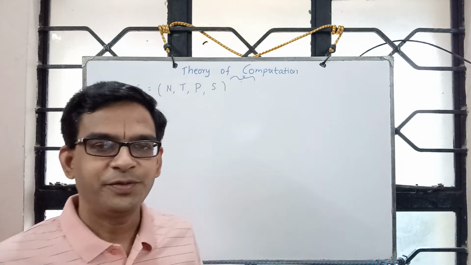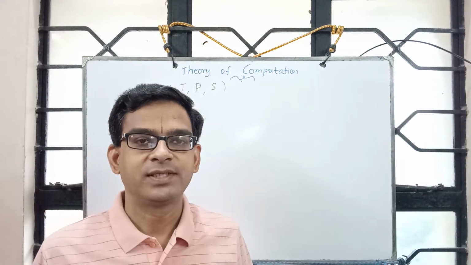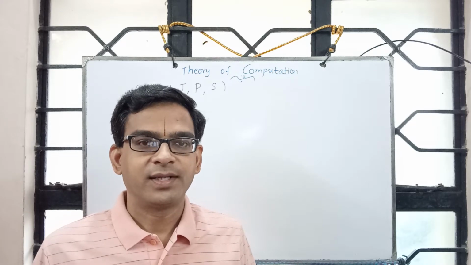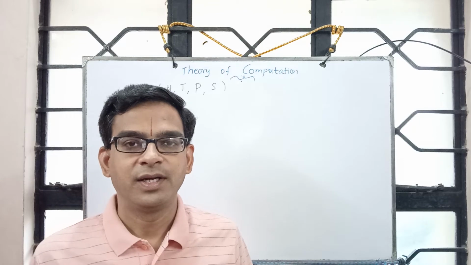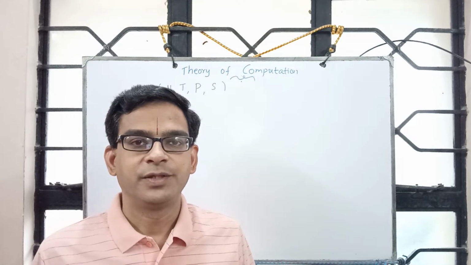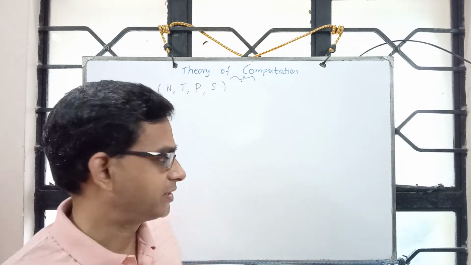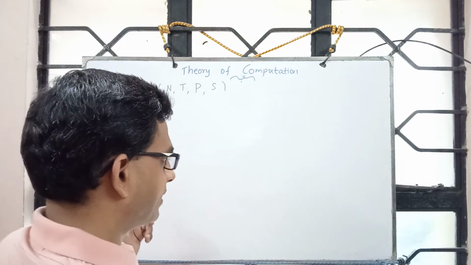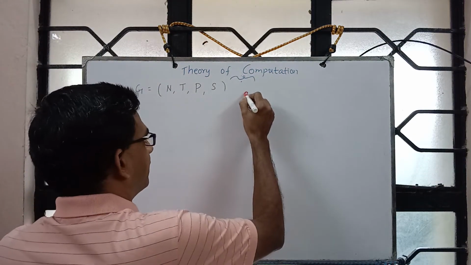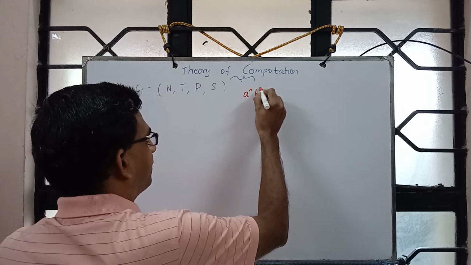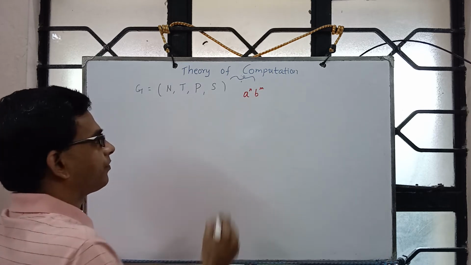Let us continue our discussion on grammars. In particular, the class of languages accepted by finite automaton can be expressed using something called regular grammars, which we can construct from the underlying automaton itself. We saw this case study a power n b power m.